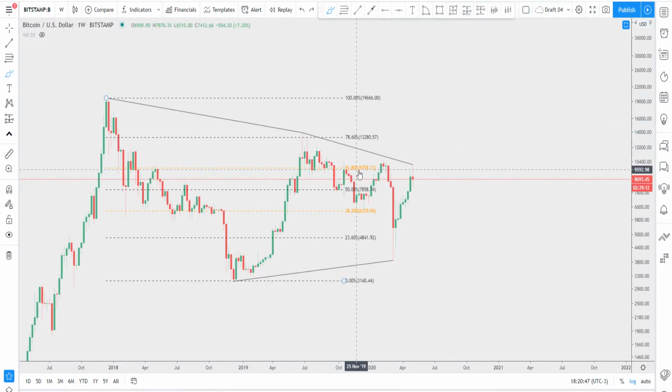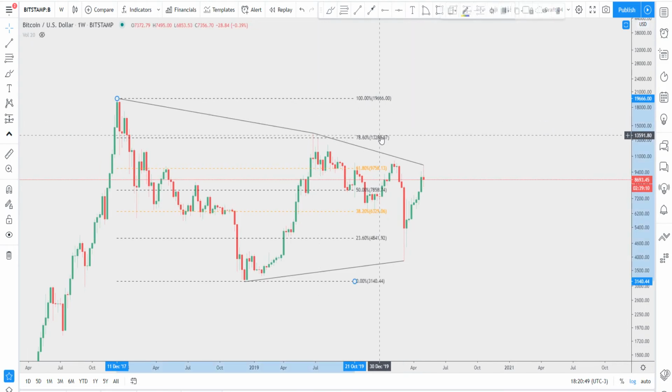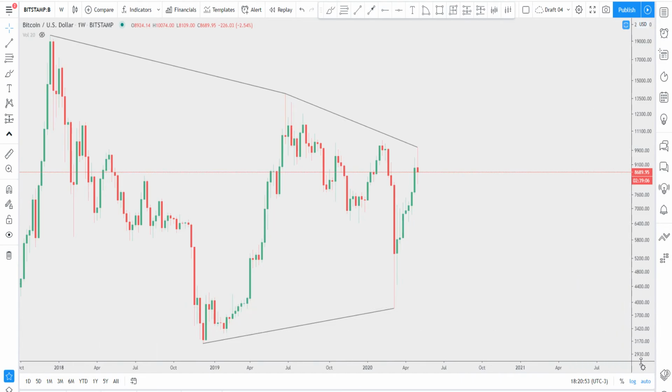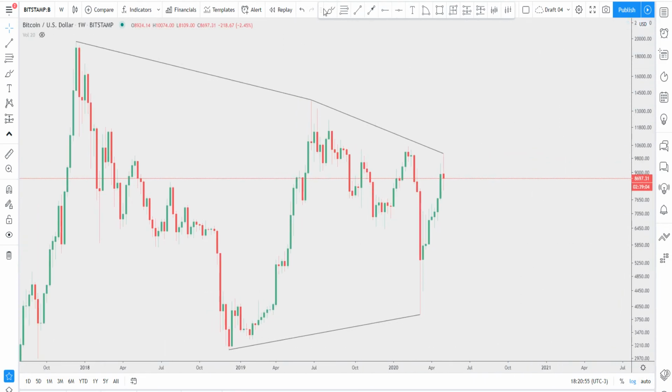Rejection. And what else did we have here? I will take out the Fibonacci. This candle right here, shooting star, all the way bearish.